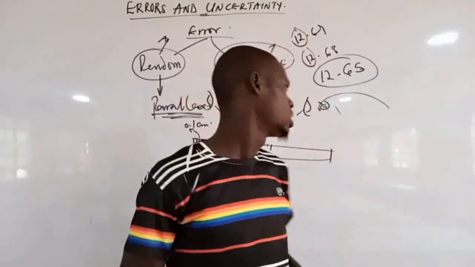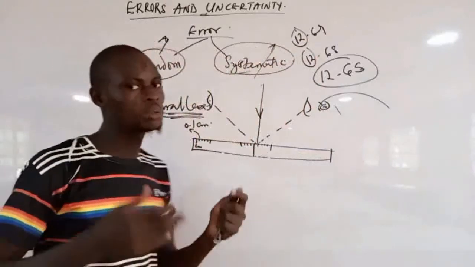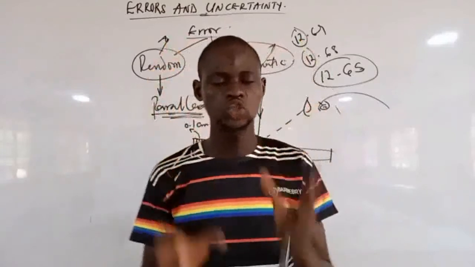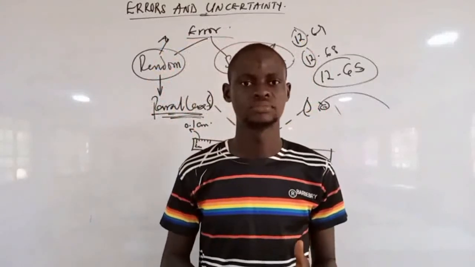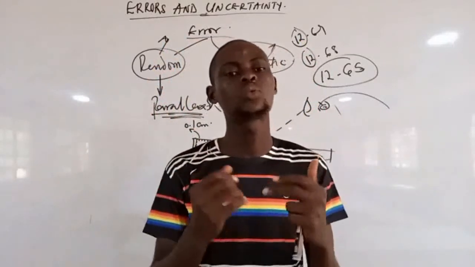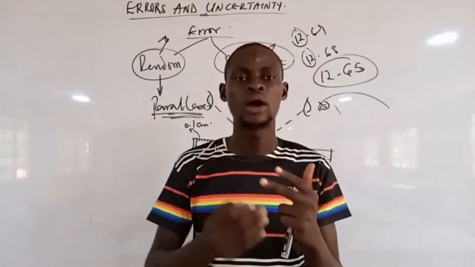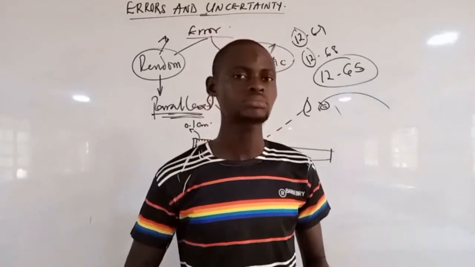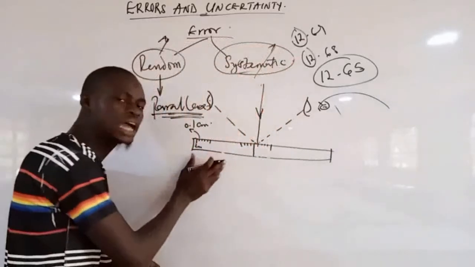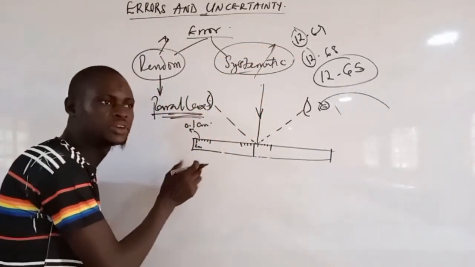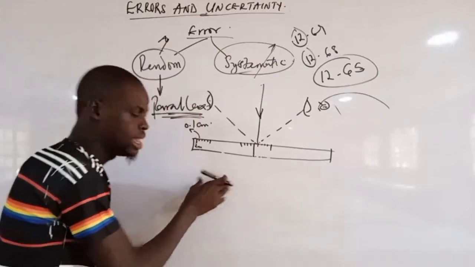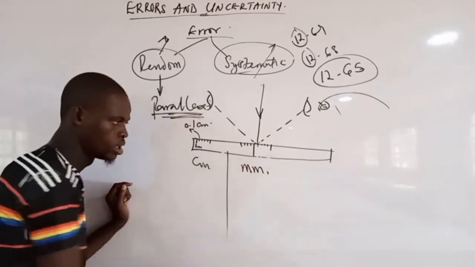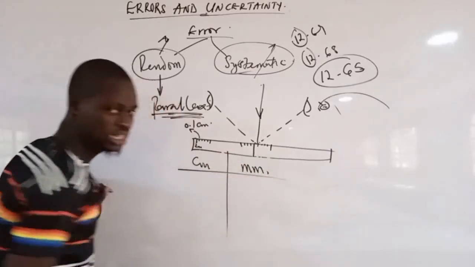Take, for example, in this video, I'm going to be focusing on measuring instruments for length, because that is the only area where questions are often set in JAMB. Now, for the meter rule that I just stated earlier, the reading accuracy in centimeter and in millimeter will be given.